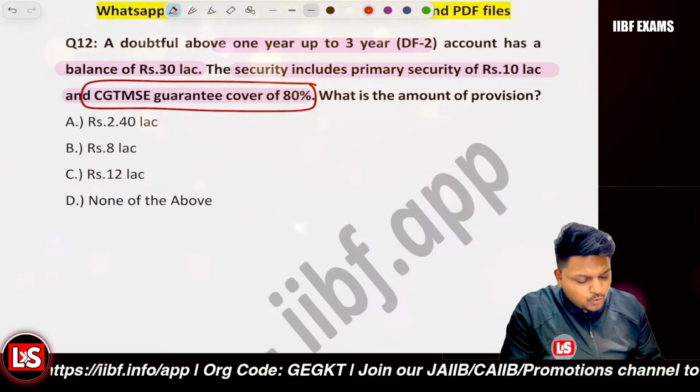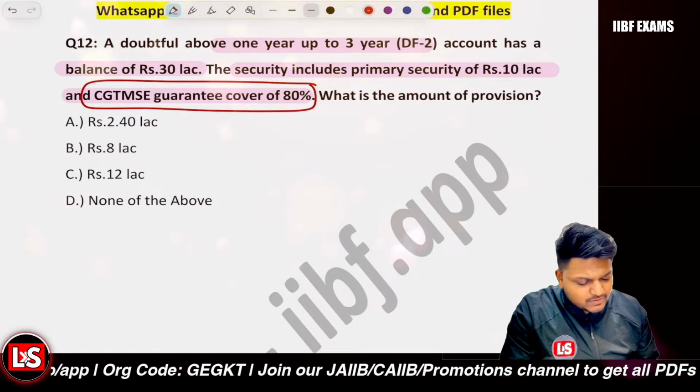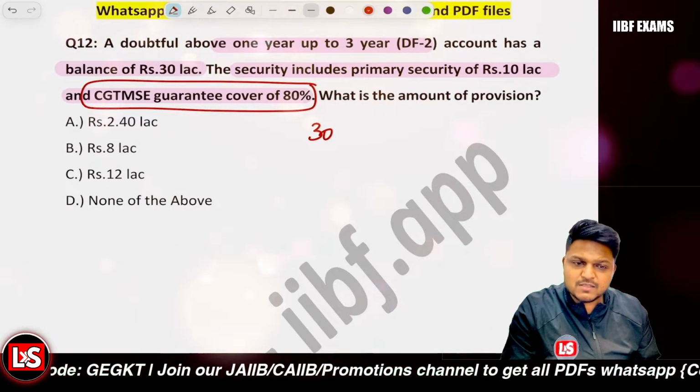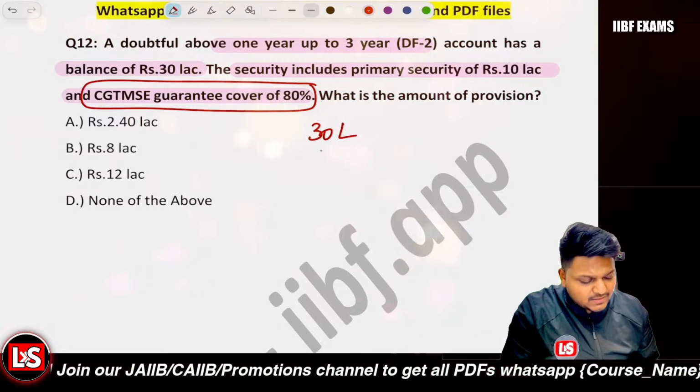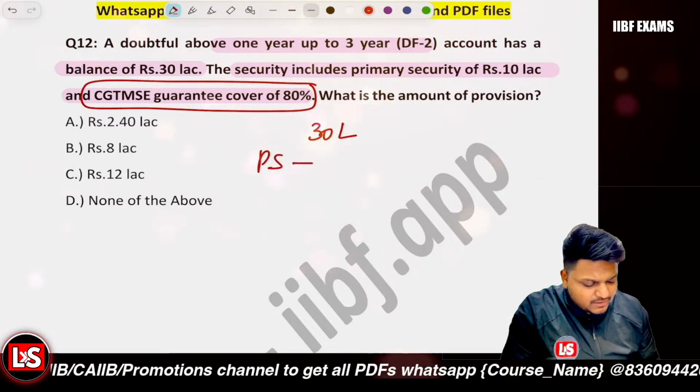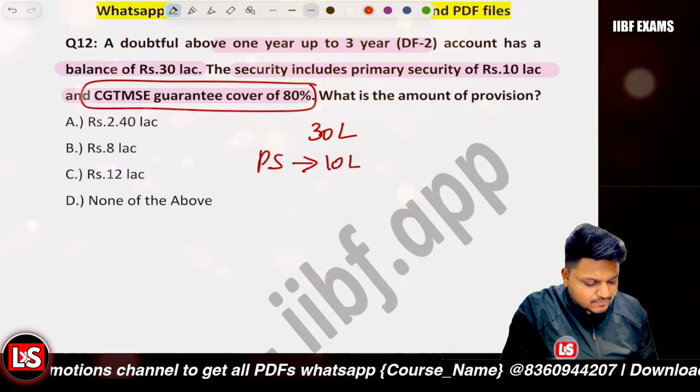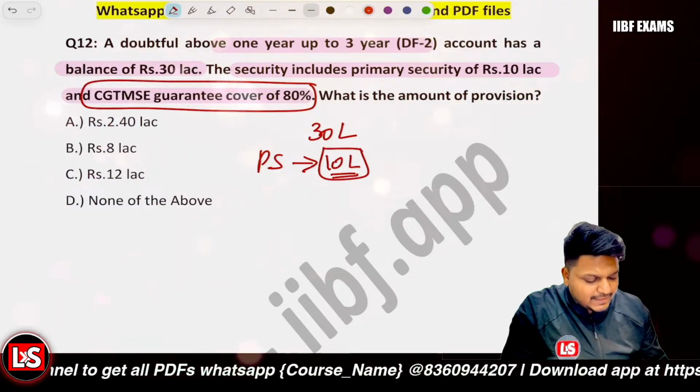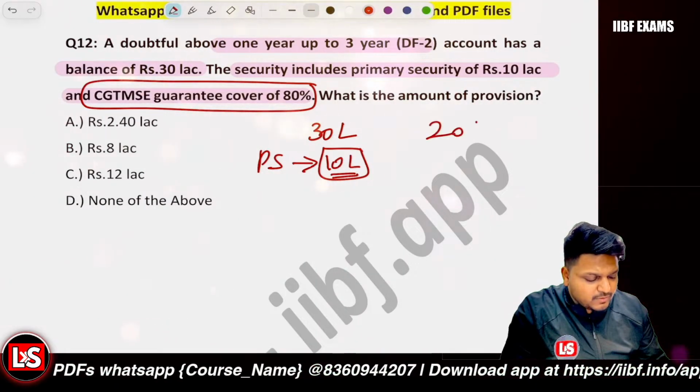The total balance is 30 lakh rupees. The primary security is available for 10 lakh rupees, and the value for which security is not available is 20 lakh rupees.